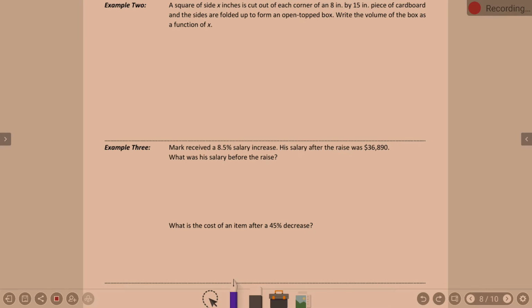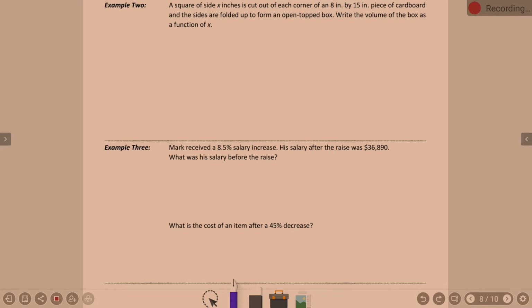Let's read the problem. This is a typical math problem, okay? Like, you'll see this. A square of side x inches is cut out of each corner of an 8-inch by 15-inch piece of cardboard, and the sides are folded up to form an open-topped box. Write the volume of the box as a function of x.